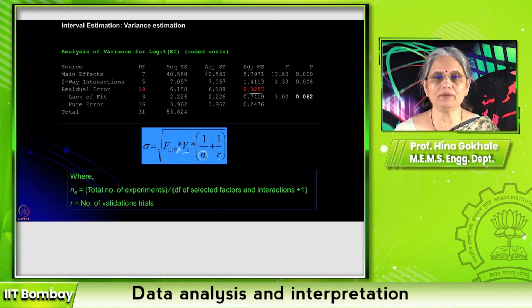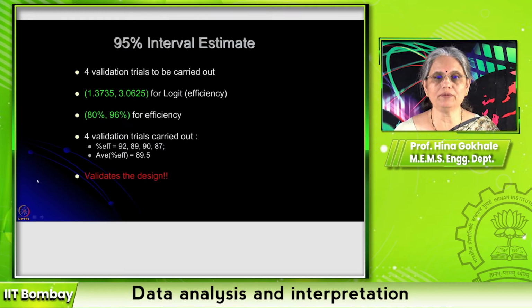R is the number of validation trials. So, accordingly if you calculate, we were to calculate 4 validation trials. So, the Logit efficiency interval is this. Interval estimate for efficiency for 4 validation trials is 80% to 96%.